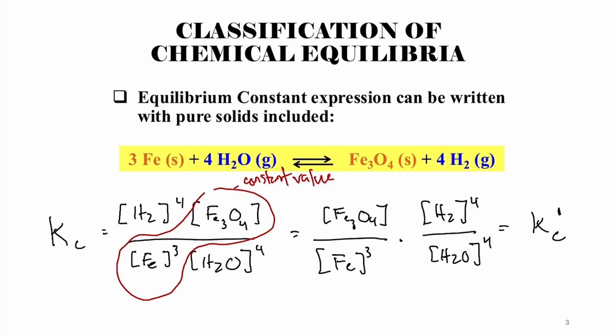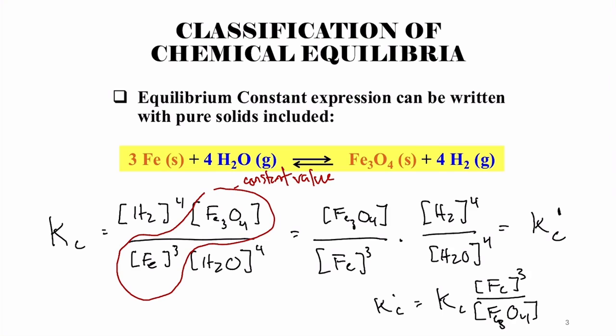So we just indicate that that's some adjusted value for the actual equilibrium constant, where that's just equal to the original equilibrium constant multiplied by the inverse of whatever this ratio of solids is in our solution or our mixture.